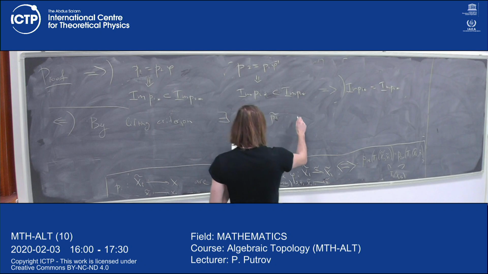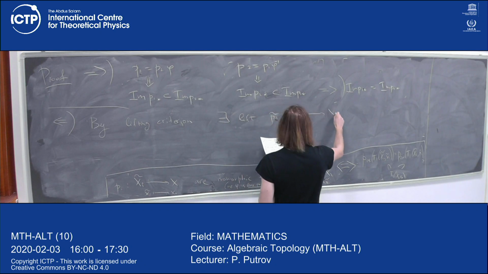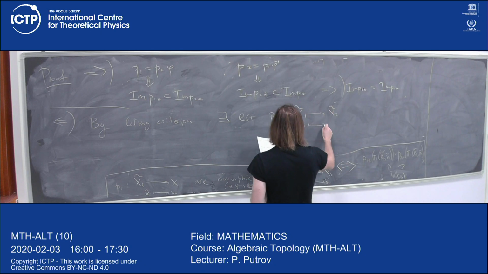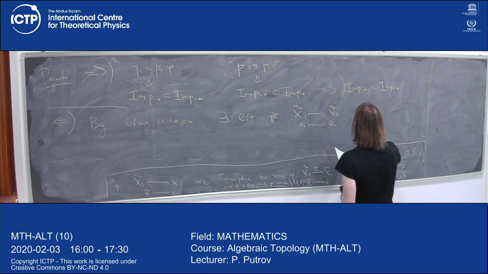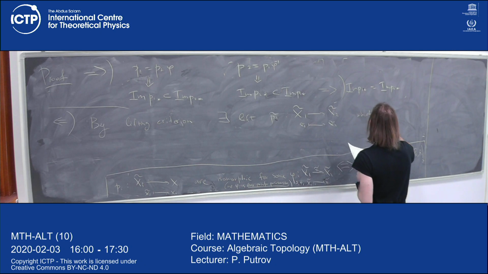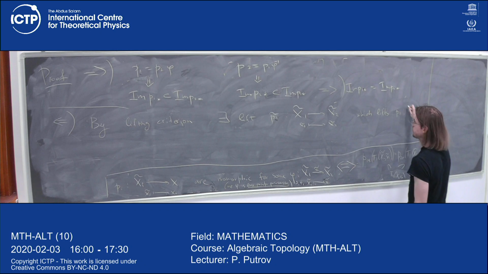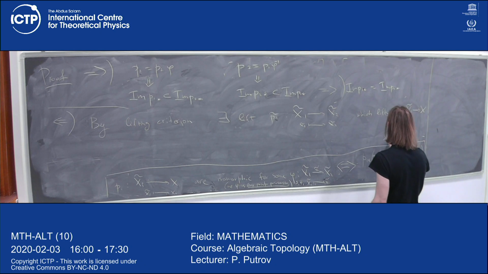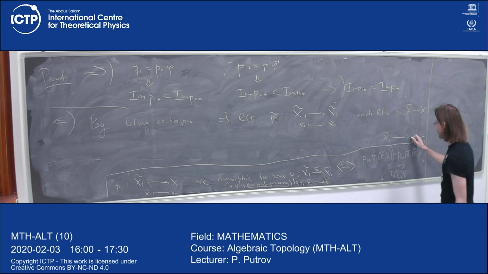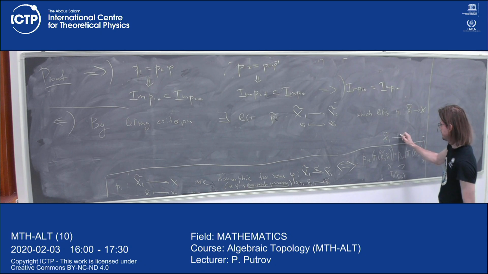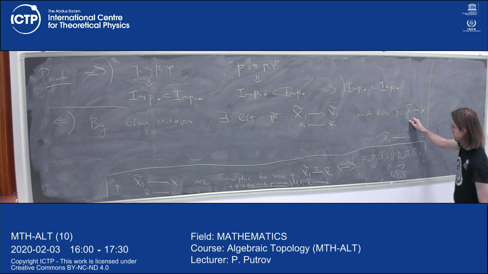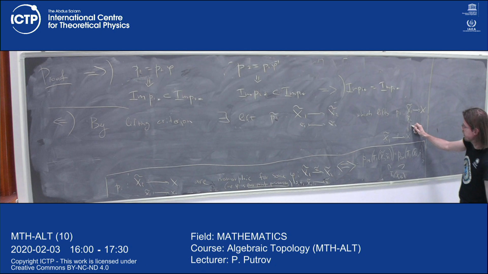p1 tilde will be a map from X1 tilde to X2 tilde which lifts p1, which was a map from X1 tilde to X. So this was the lift in the following diagram: there is a map p1 from X1 tilde to X, and we consider X2 tilde to be a covering space, so the covering map here is p2.